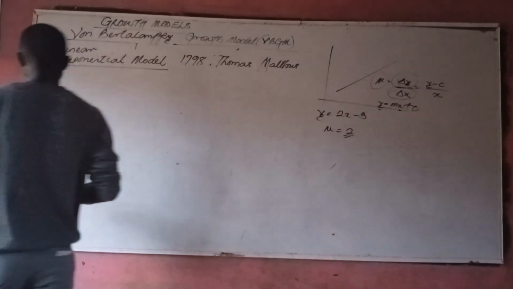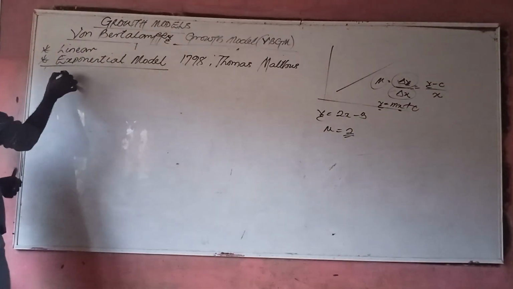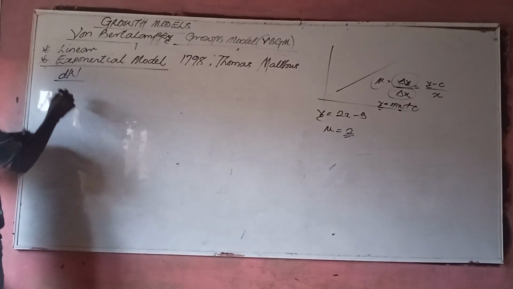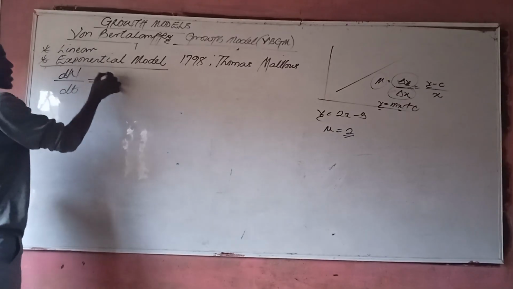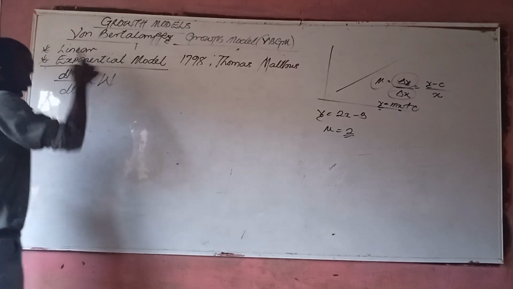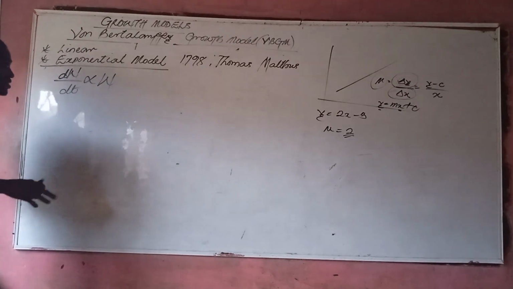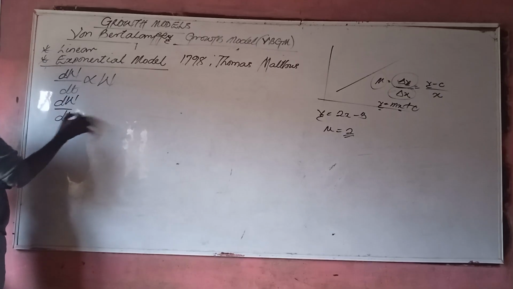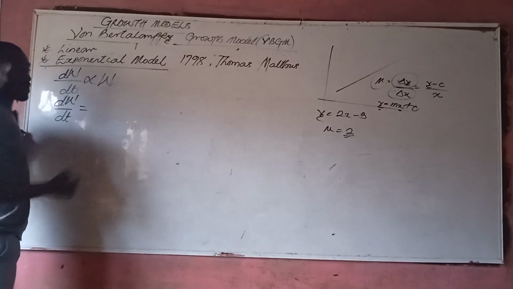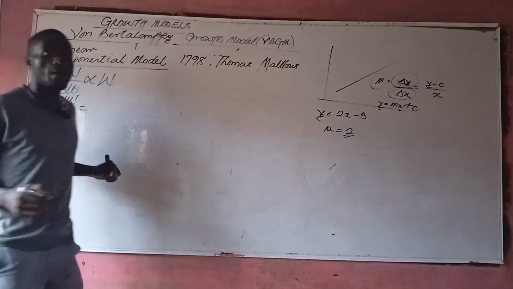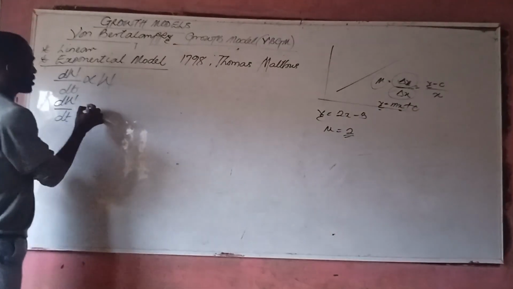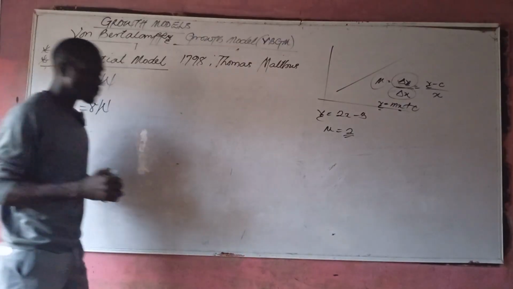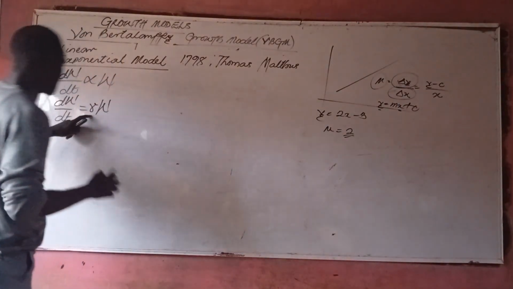So, mathematically speaking, the model says therefore that the rate dW/dt, the rate of change in weight, will be directly proportional to the weight at a particular instance. So what this means is dW/dt will be equal to, we introduce our constant of proportionality, in this case it's going to be called r, times W. Now, r here has a special name.